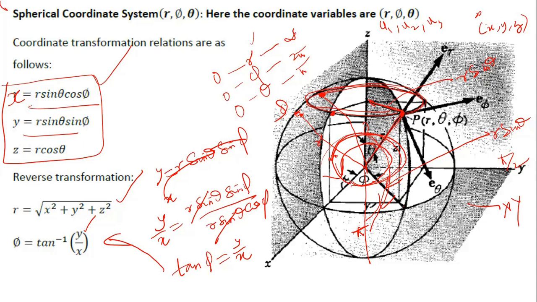Now, if you move along this and arrive at this point, your phi value becomes 90 degrees. And if you move around behind this, your phi value will become 180. And then eventually, when it comes back to this point, your phi value becomes 2 pi.